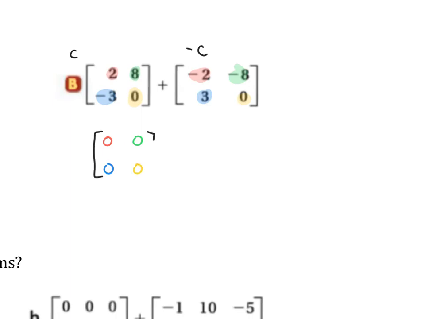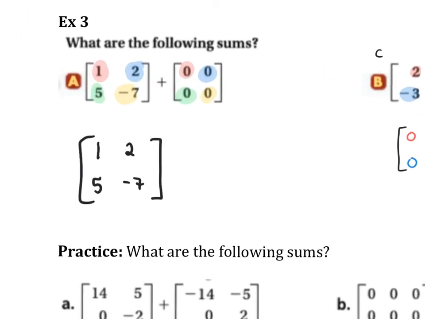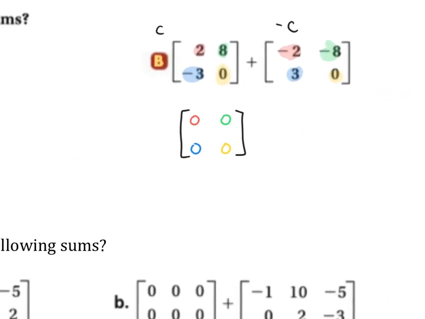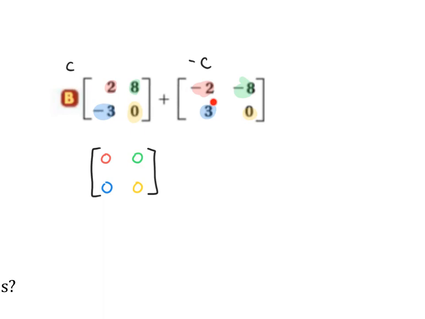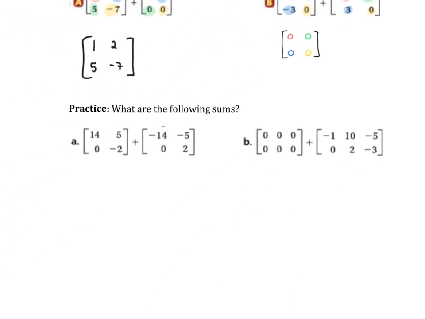So what we are seeing here is when we add a matrix with all zeros, we get the exact same matrix. And when we add the opposite matrix, also known as the additive inverse, we get the identity, the zeros. So your turn. Go ahead and work through these real quick. Pause, and we'll come back and look at properties.